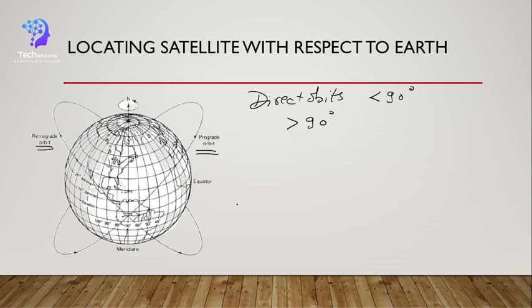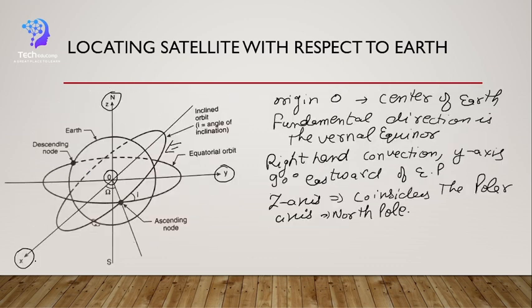Now the x axis points towards a fixed direction. As you can see here, this x axis is pointing towards a fixed direction, since the fundamental plane does not move when the earth revolves around the sun, because earth rotates around its own polar axis.